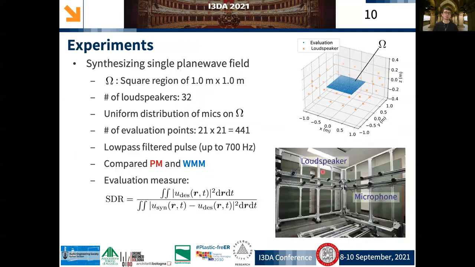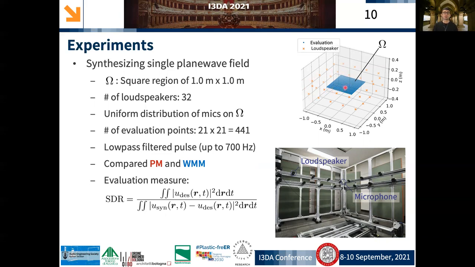In this experiment, a single plane wave field was synthesized. The target region was a 2D square region of 1 meter by 1 meter. The number of loudspeakers was 32, and the arrangement is shown in this figure.